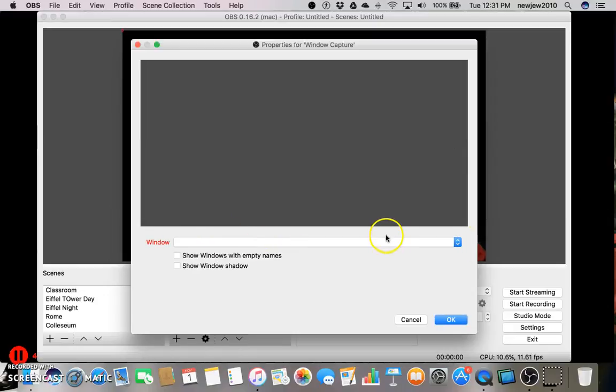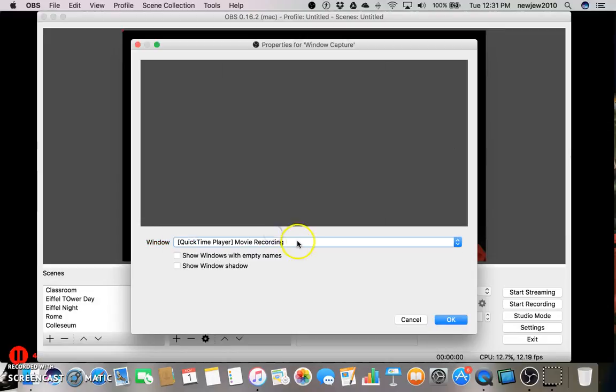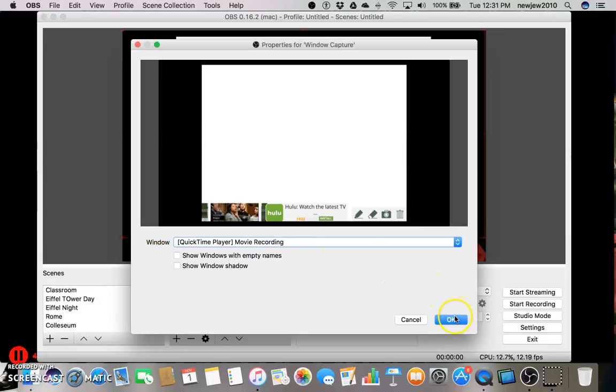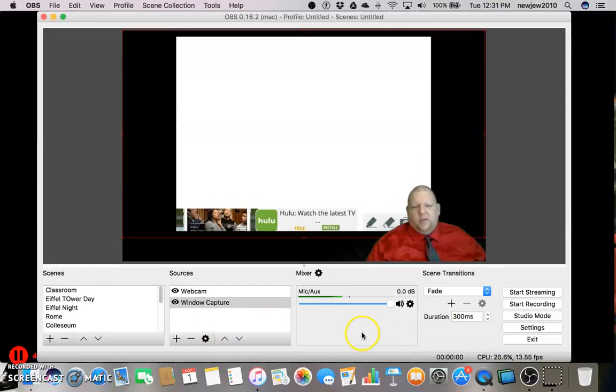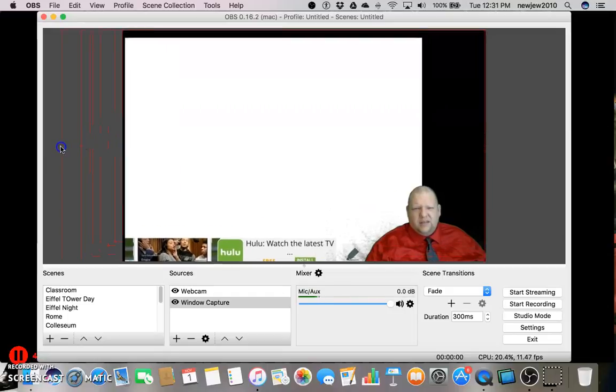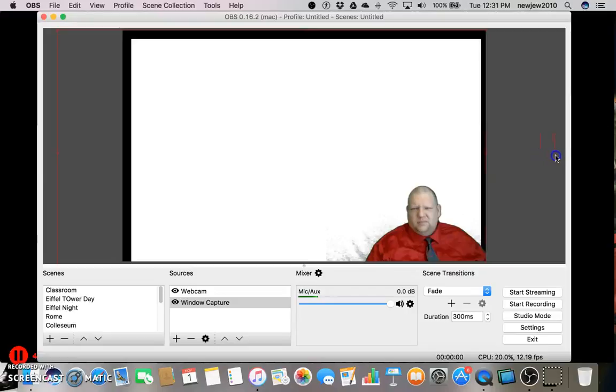Select my QuickTime movie recording window, if it will let me. And then I'll move that down one position. So I have that, and then I can actually resize that a little bit.